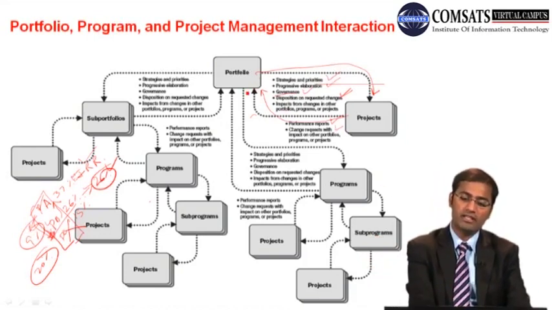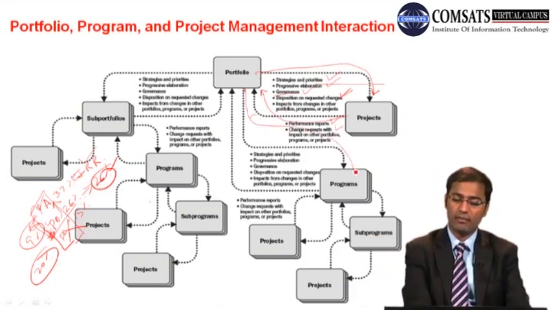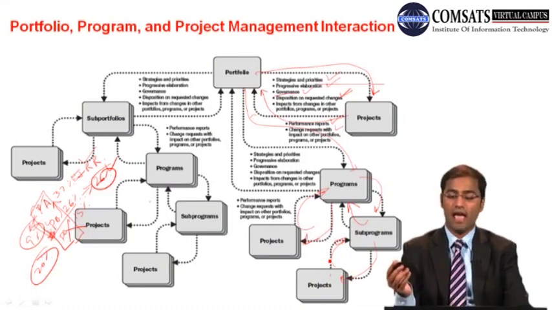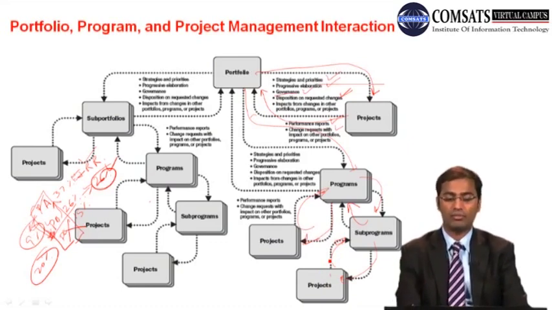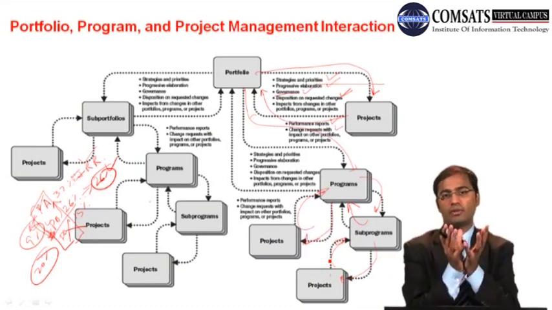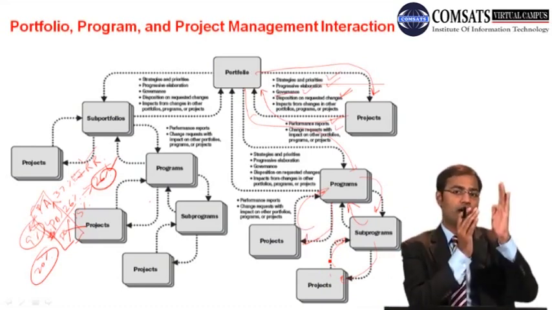Similarly, we have a relationship of this portfolio with these programs, and these programs have a relationship with sub-programs, and sub-programs feed back to the program, and this program has projects, and these projects feed into it, and sub-programs have projects, which hence have their effect on the sub-programs. So in this fashion, this whole concept is interrelated.